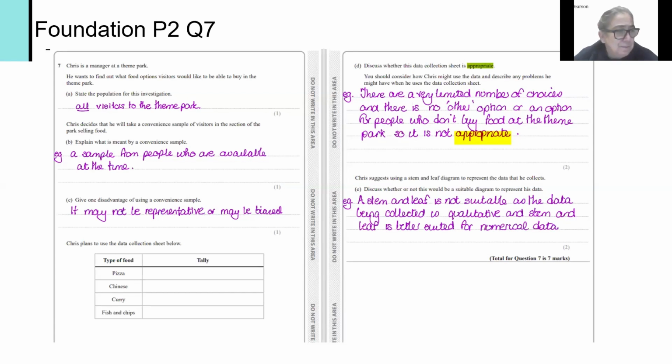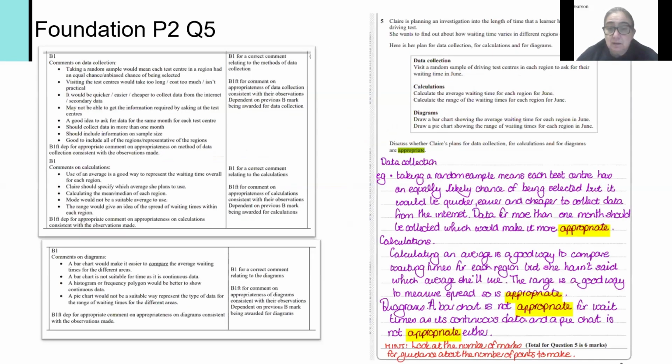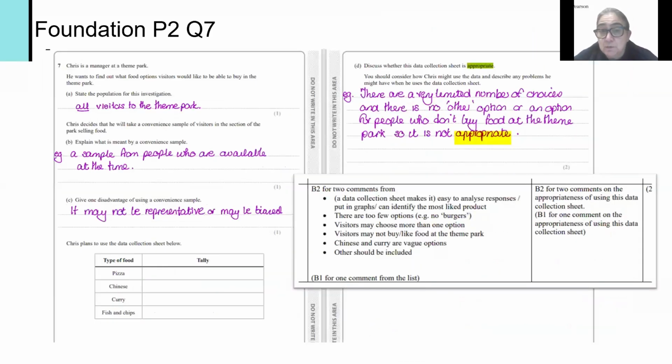And then the part C, whilst explicitly saying it's not about appropriate, they were still looking for a comment about appropriateness in terms of whether or not a stem and leaf was appropriate.